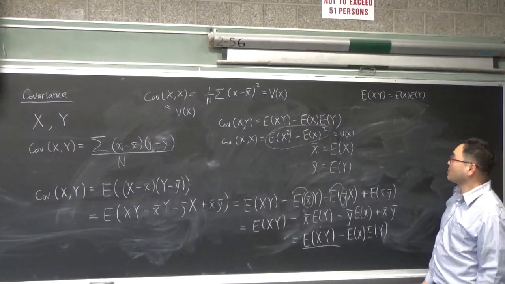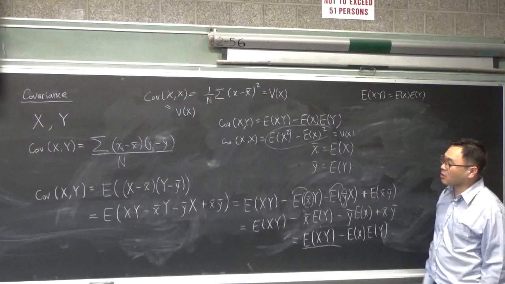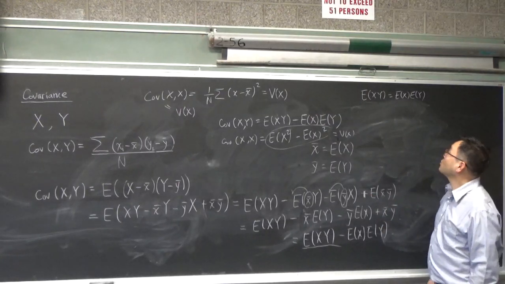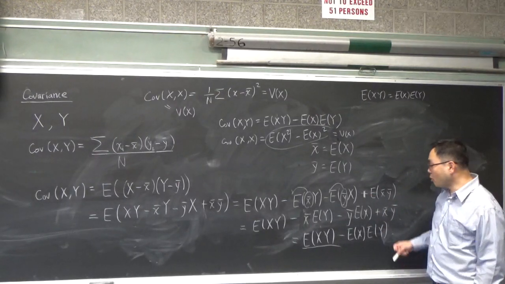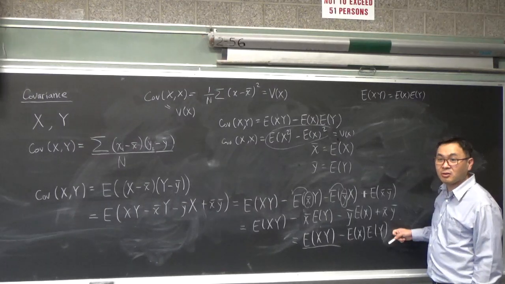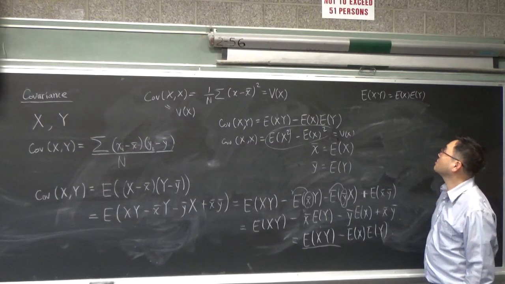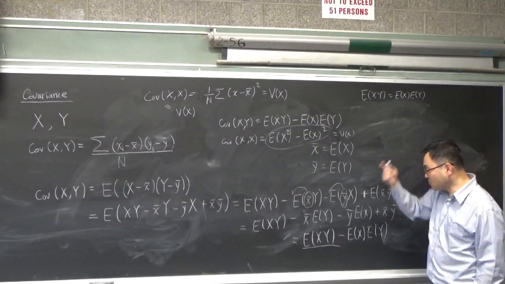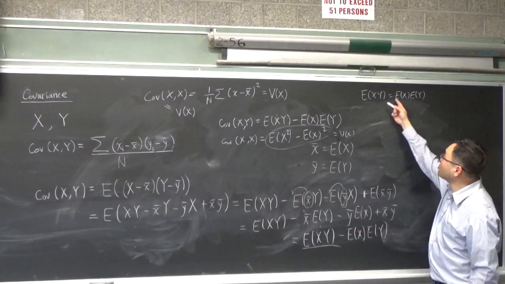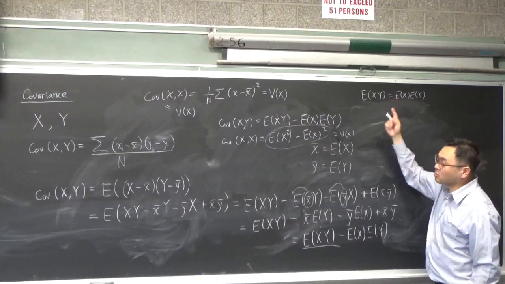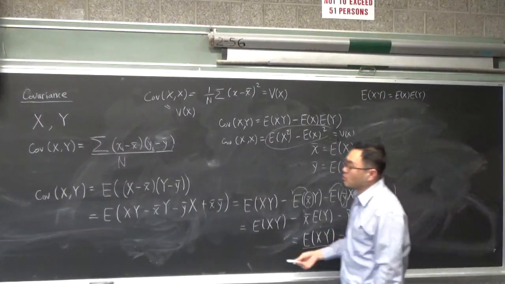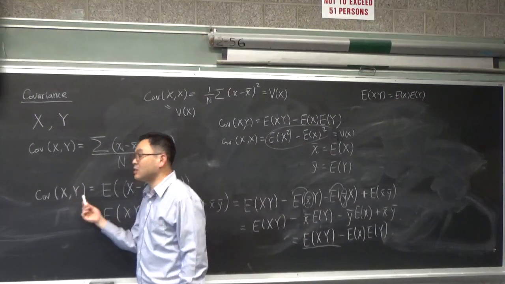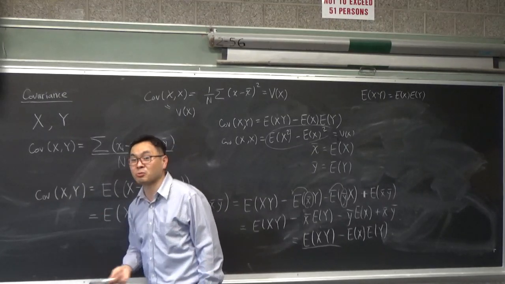And you can actually say it in reverse. We say that if covariance is 0, no, I don't think you can do it in reverse. All right, so that kind of shows that if two random variables are completely independent of each other, the covariance will be 0.